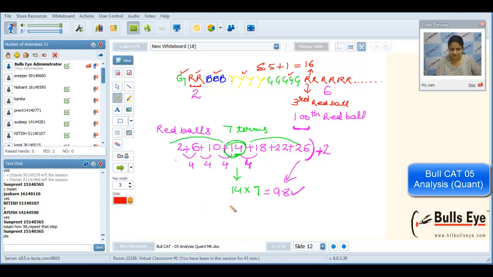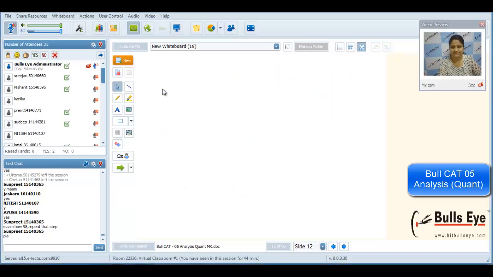Sanpreet, you could use the formula for SN, I mean sum of n terms of the AP. Once again, red balls, they were in the sequence 2, 6, then we took 10, then we took 14 and so on.